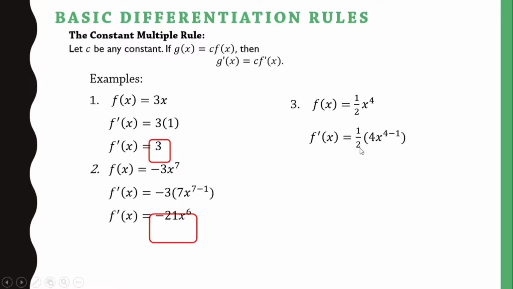So 1/2 times 4 will give you 2. x raised to 4 minus 1 will be x raised to 3. Therefore, the derivative of 1/2 x raised to 4 is 2x cubed.